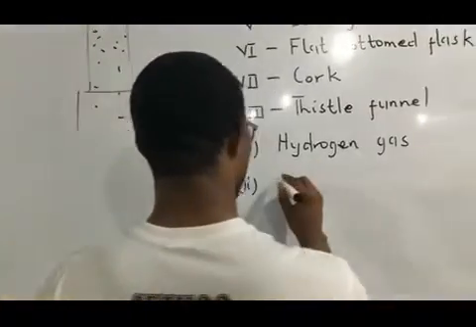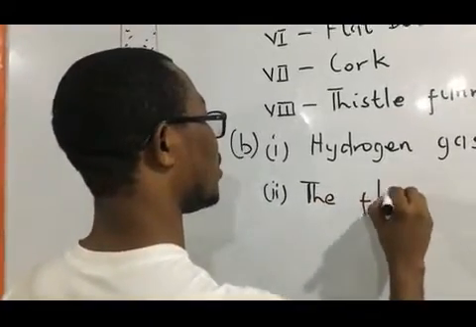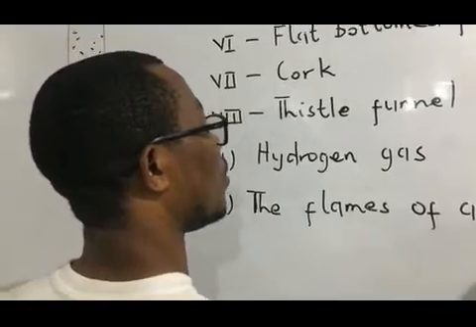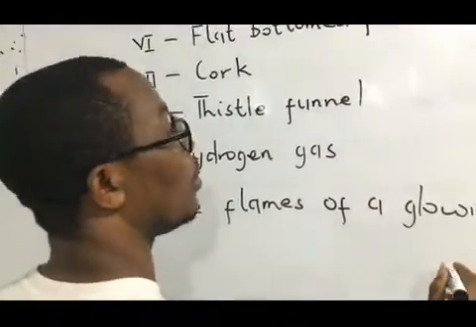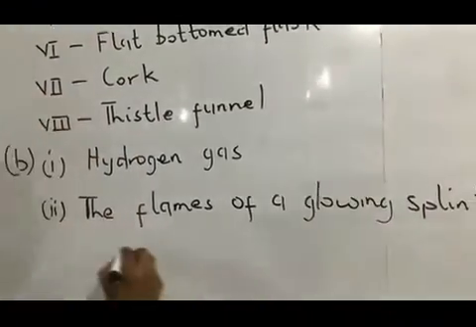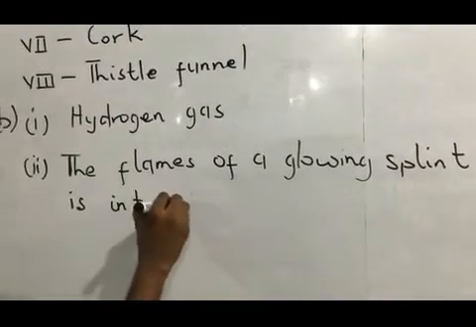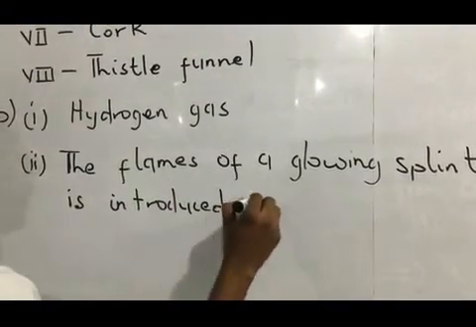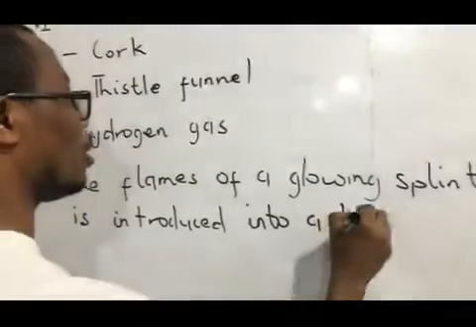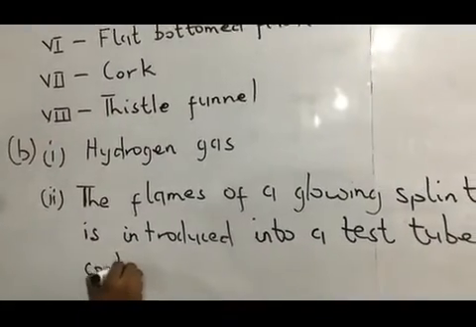Okay. So to test for hydrogen gas, the flame of a glowing splint is introduced into a test tube containing the gas.